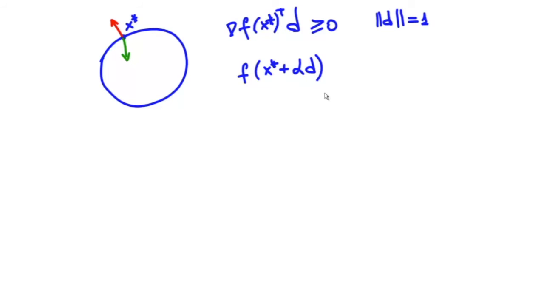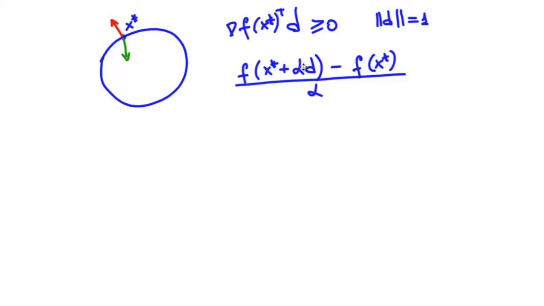So if I take step size alpha in the direction d from the point x star, this will give me the new value for f. If I subtract the previous value of f, which is f of x star, and then divide by the length of the step that I'm taking, alpha, then this is exactly what we call the rate of change of the function in the direction d.